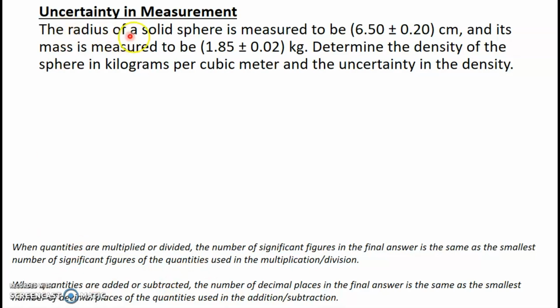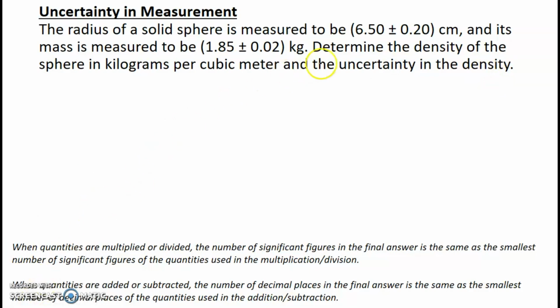The radius of a solid sphere is measured to be 6.5 plus minus 0.20 cm and its mass is measured to be 1.85 plus minus 0.02 kilogram. Determine the density of the sphere in kilograms per cubic meter and the uncertainty in the density.